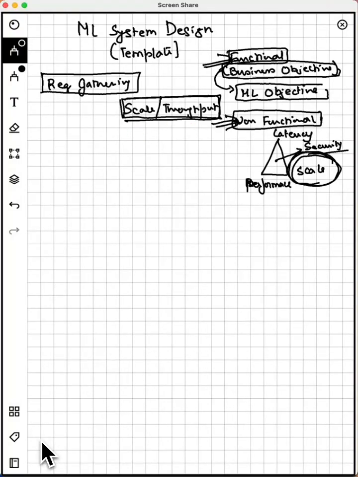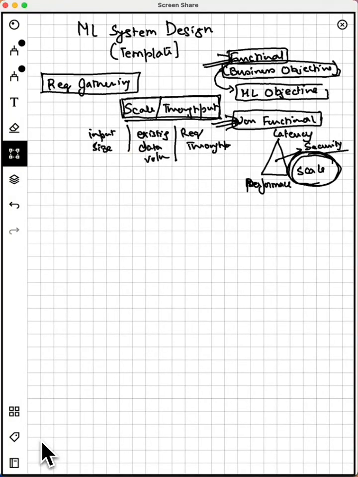And this would be something around understanding what is your input size, what is your existing data volume, what is the request throughput, and a bunch of other things which will basically be a deciding factor for your system design. We're not going to go into detail of all the possible parameters that you can look at. We will be reviewing each of these in the subsequent videos by looking at real examples.